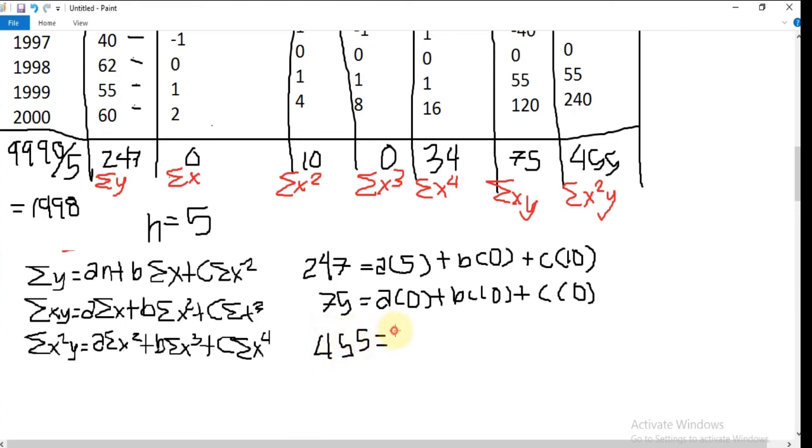Then a times the sum of x squared, 10, plus b times the sum of x cubed, 0, plus c times the sum of x to the power of 4, which is 34.